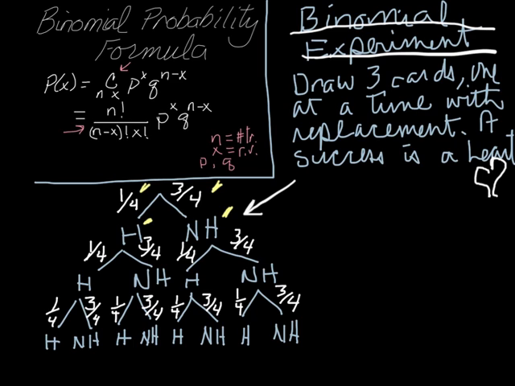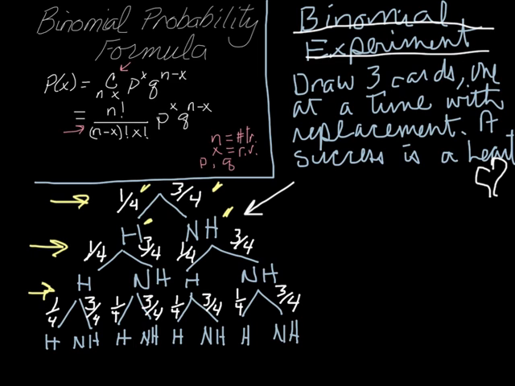And you can see that after I replace the card, the probabilities stay the same for a heart or not a heart, no matter where I pick it on the tree diagram. Each level of the tree diagram represents a card: the first card, then what happens on the second card given whatever happened on the first, and then the third card. So here's our typical tree diagram with probabilities labeled.